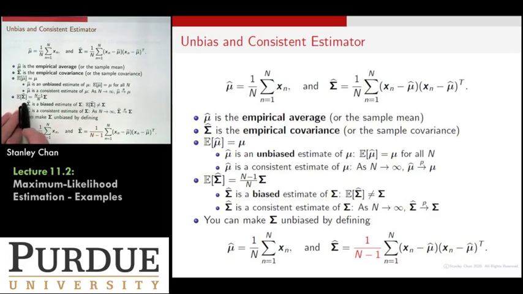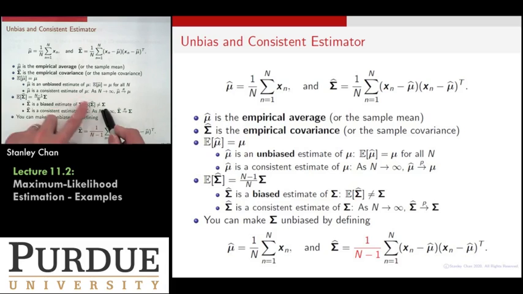Now, for the covariance matrix estimate sigma hat, you can show that if you take the expectation, it equals n minus 1 divided by n times sigma. That is not the same as sigma. Therefore, you say that sigma hat is a biased estimate of sigma.